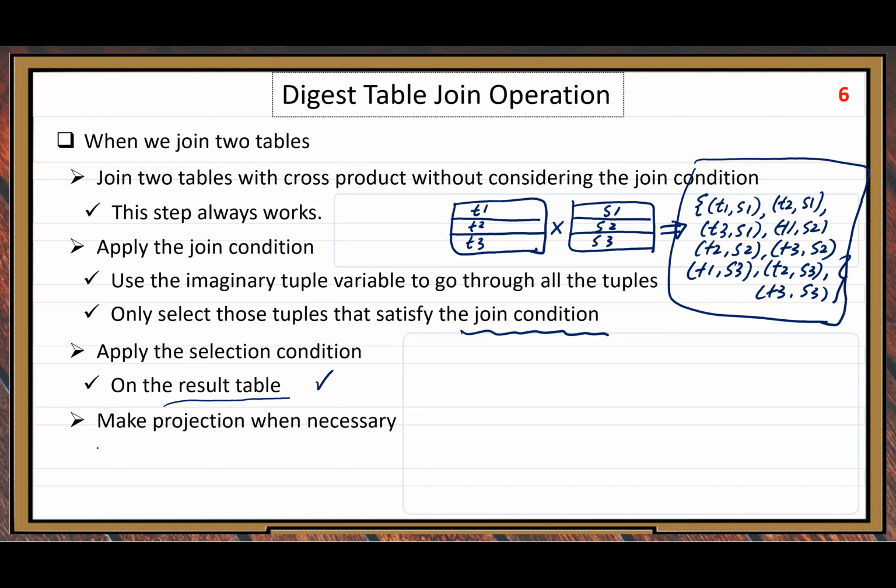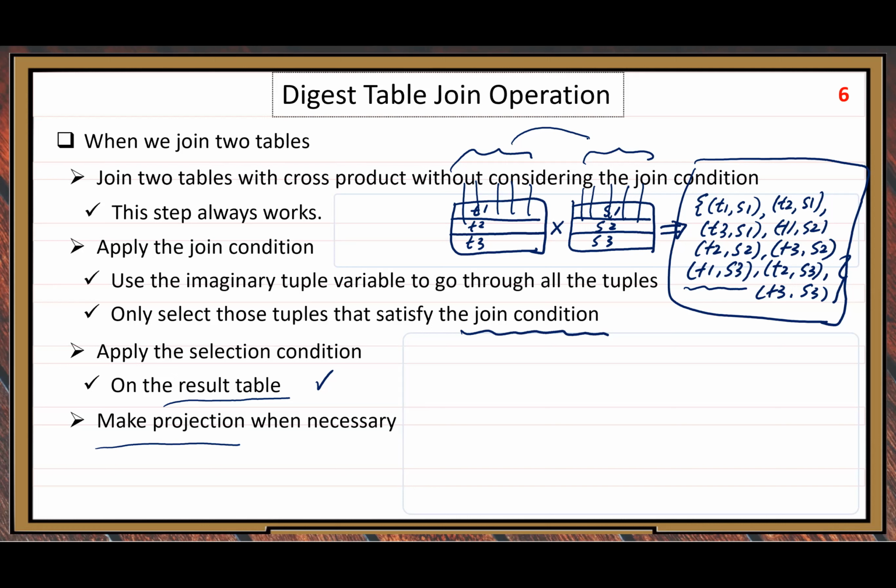You need to make a projection when necessary, because these tuples contain all the attributes from 2 tables. When you do a Cartesian product, you keep all the attributes from 2 tables, but your users may not need all of them.